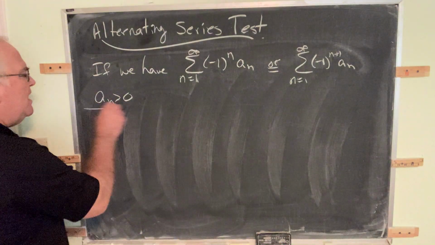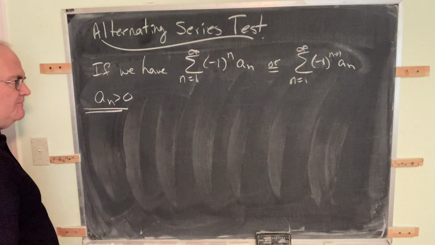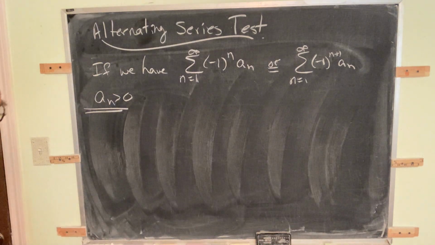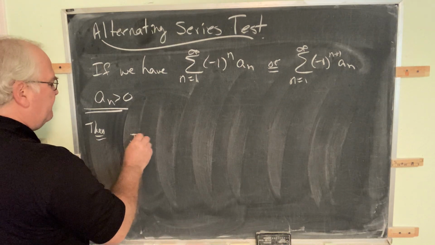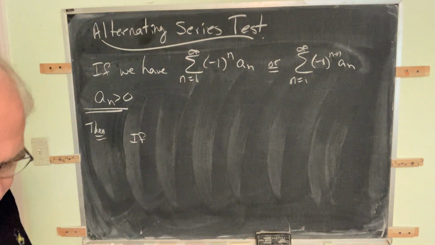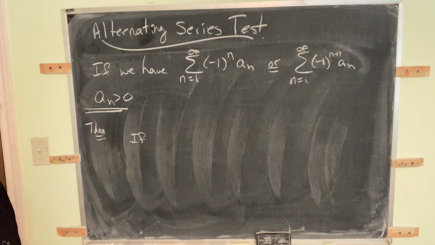So anytime you have any such alternating series, what we may say is this: if two conditions are met.